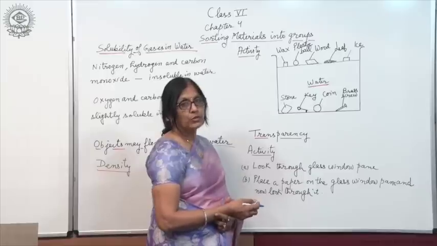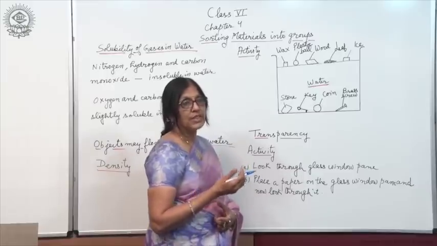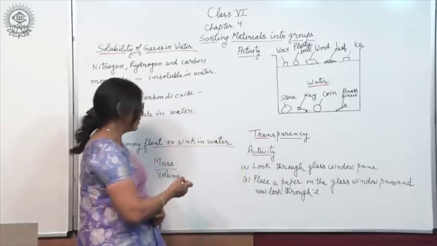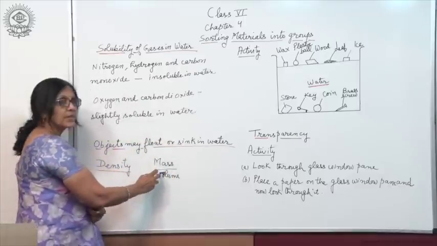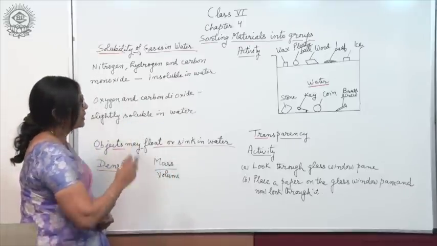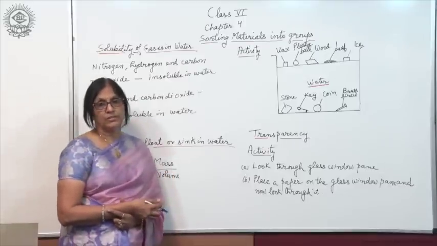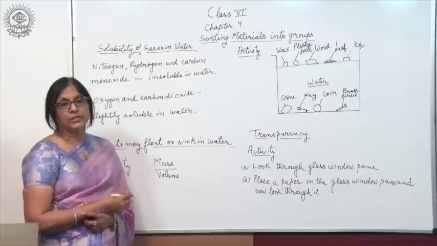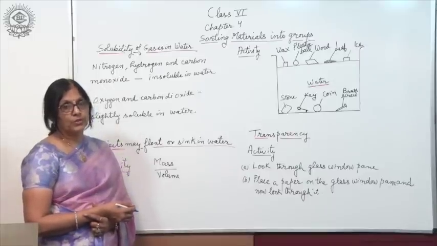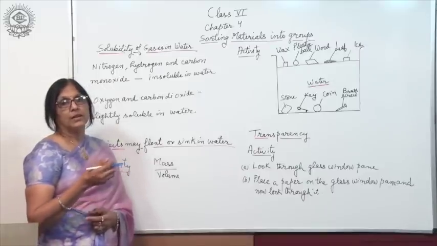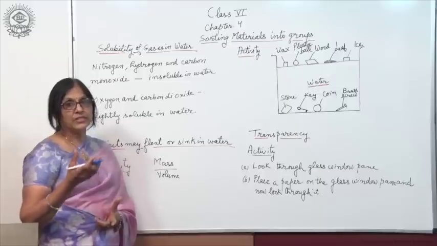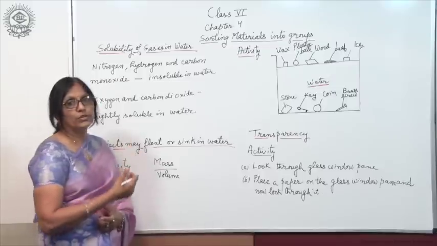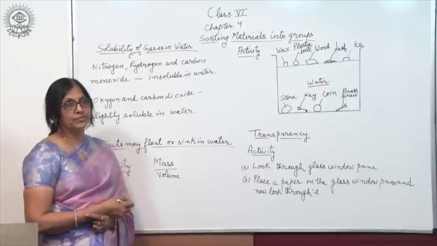Now, you should know about what is density. Density is mass upon volume. So, if the object is heavier than water, it will sink, it will not float, and if the object is less dense than water, it will float on the surface of water.